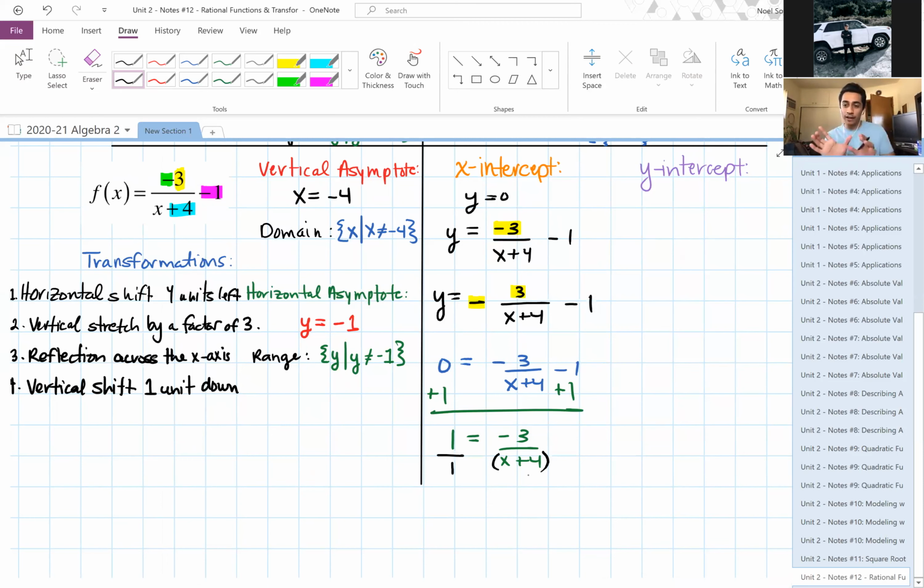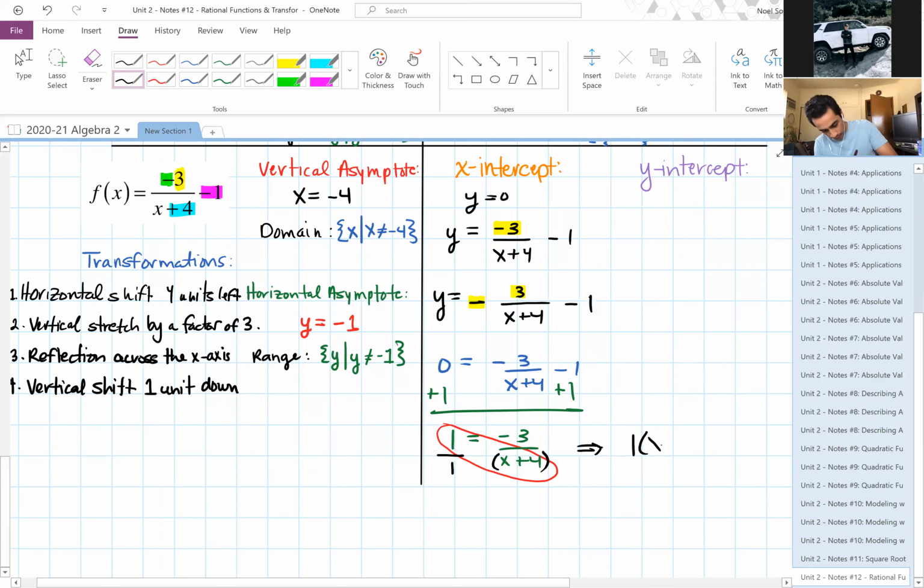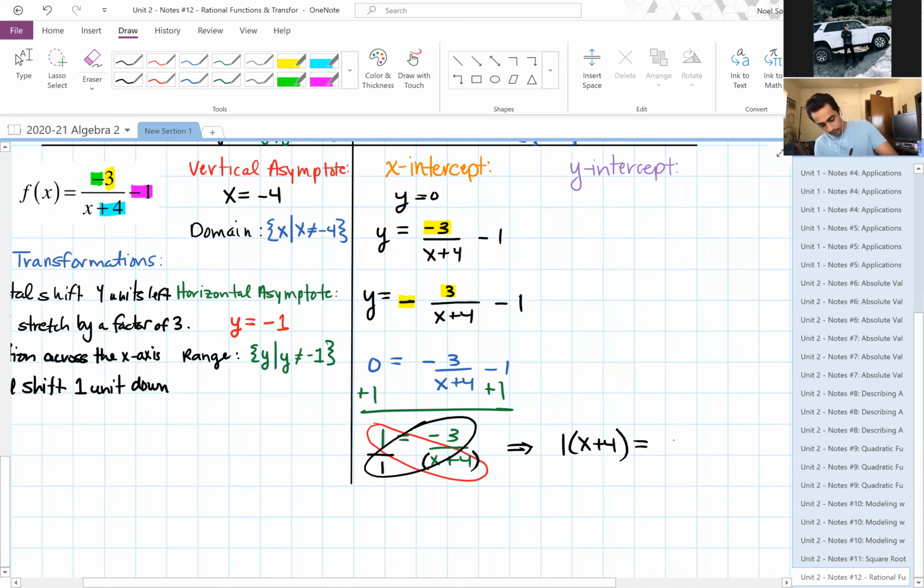So we multiply 1 times x plus 4, literally, and that equals 1 times -3, which is just -3.